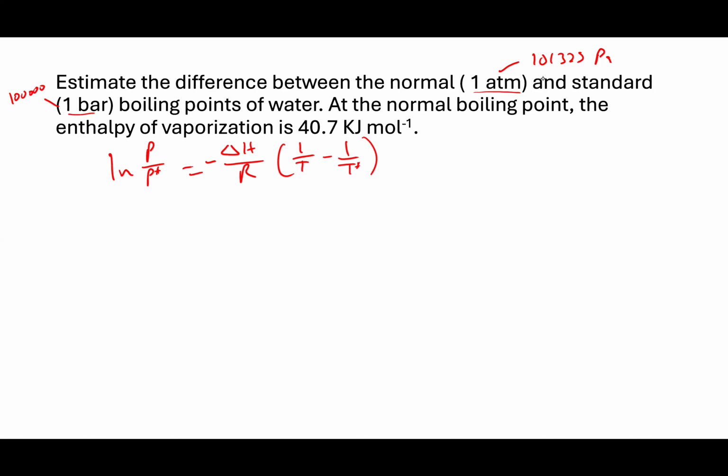Now, let's see. There's no particular rhyme or reason as to which one we call the normal, like if normal is P or P star. What I think I'm going to do is we'll make the normal boiling point the star, and we'll make the standard boiling point the non-star. It doesn't really matter all that much, because it would work either way.